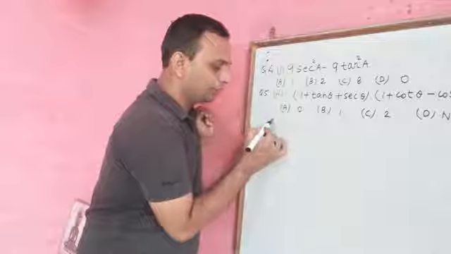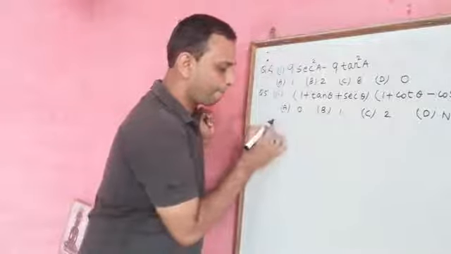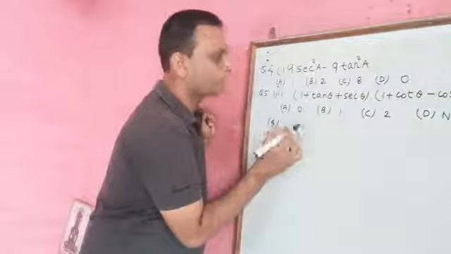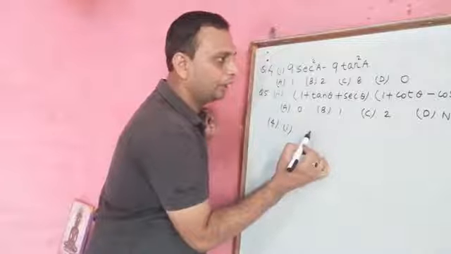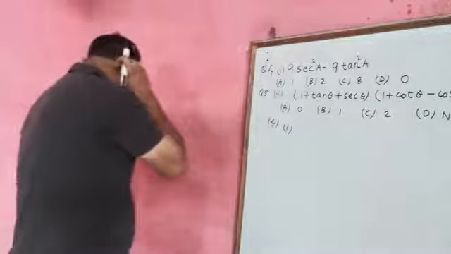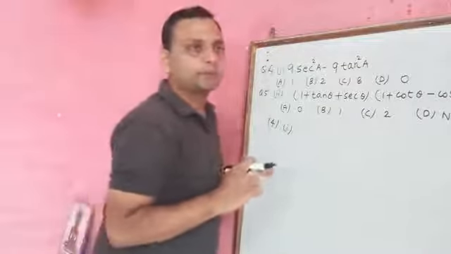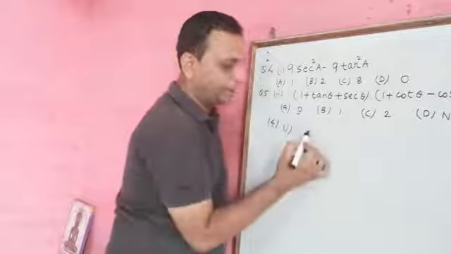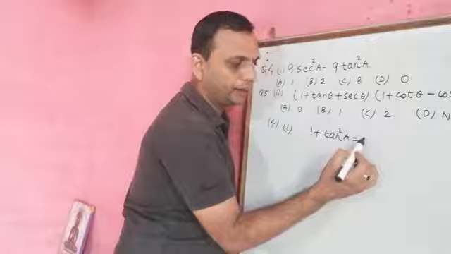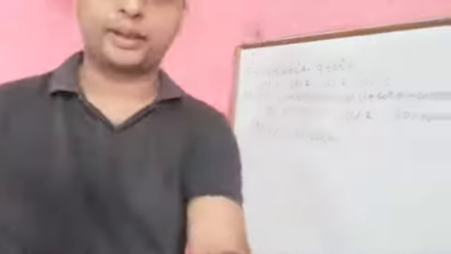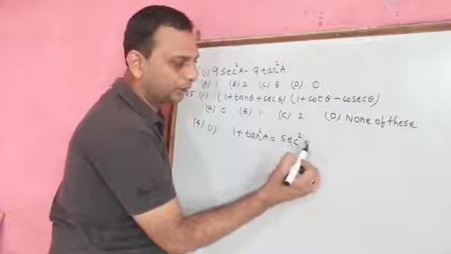So this is the first solution. To solve this question, we'll use one identity. We had studied in the previous class that 1 plus tan square a equal to sec square a.